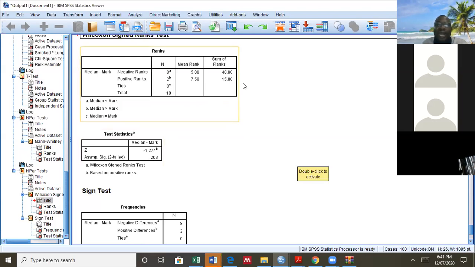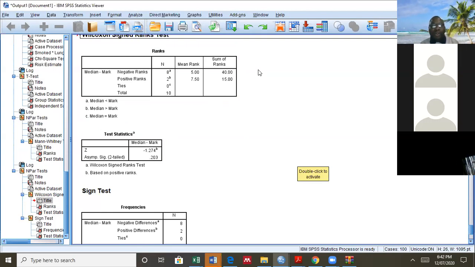Can you see that is the sum of the ranks of the ones that are positive and negative? Can you see positive rank 15, the sum, negative rank 40?